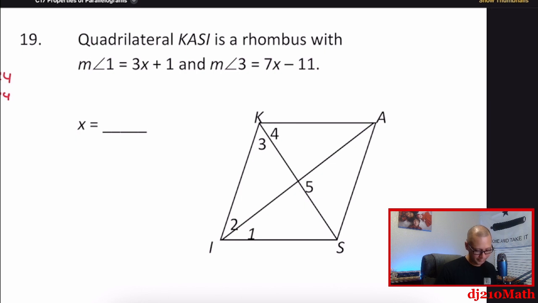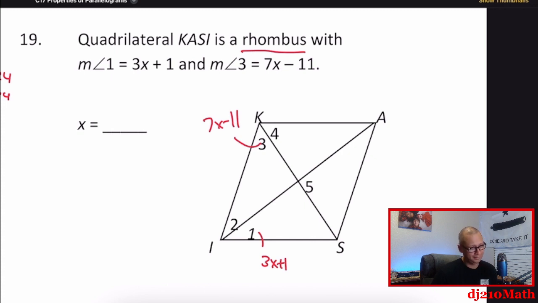So this last one, quadrilateral KASI is a rhombus, so same properties I just mentioned. 1 is going to be 3x plus 1. 3 is going to be 7x minus 11. Okay, so it's a little different.